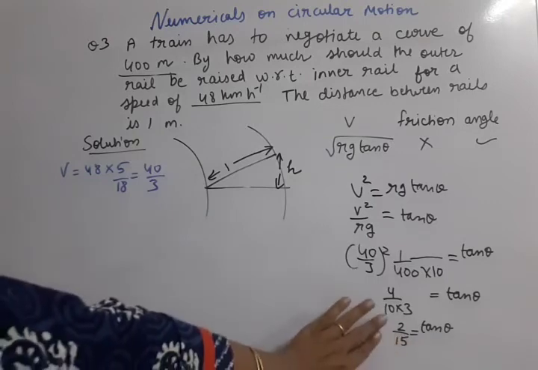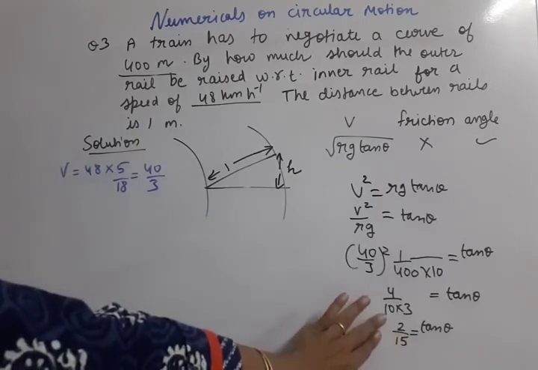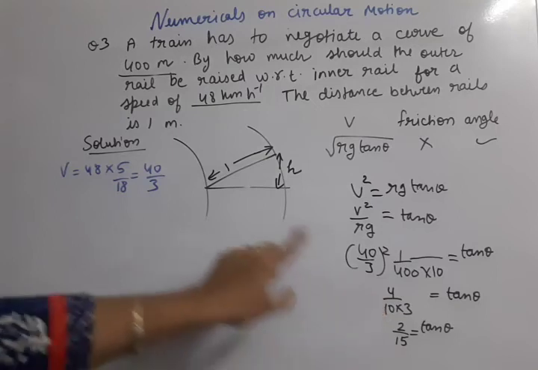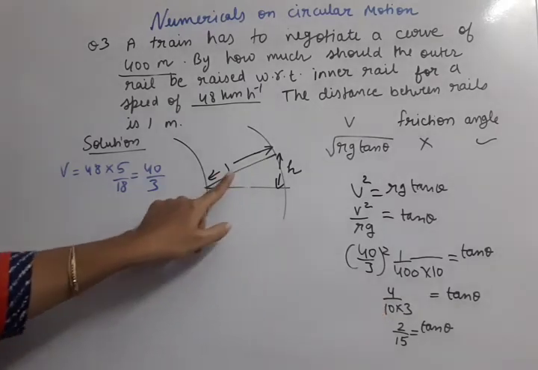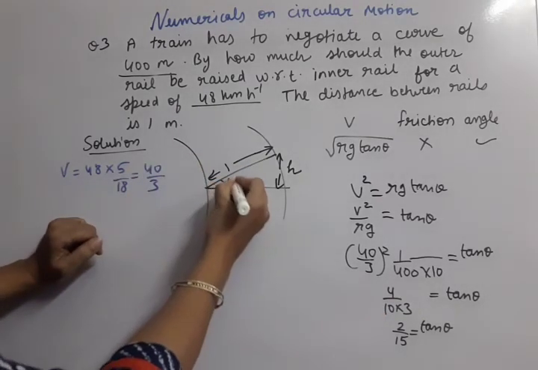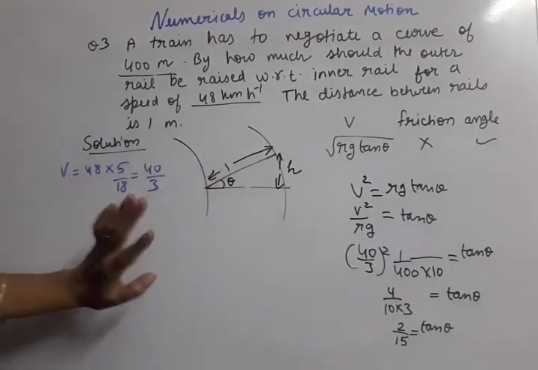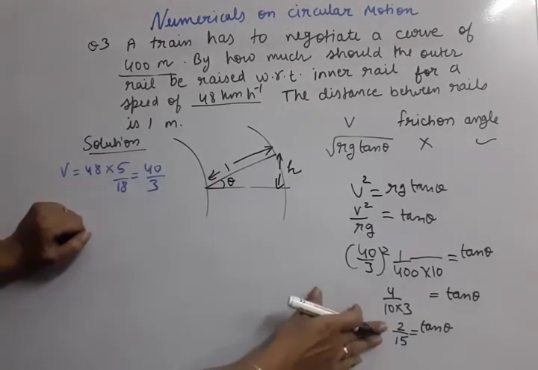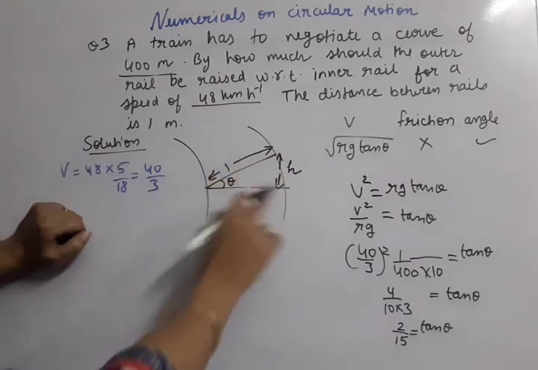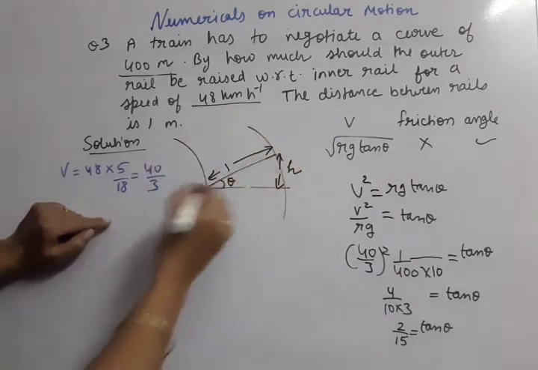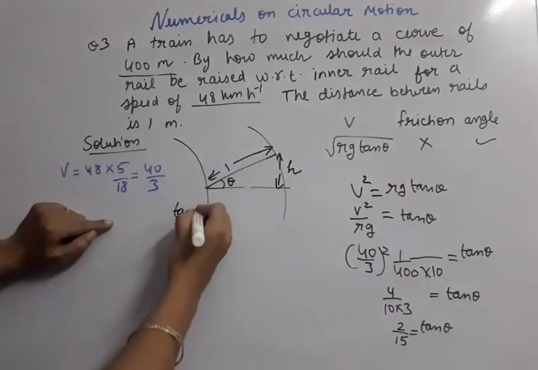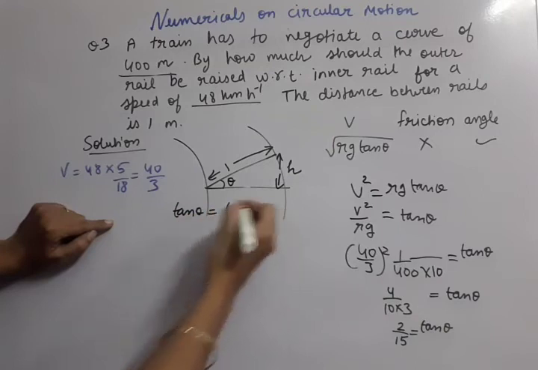Now once we have obtained the tan theta value 2 by 15, here suppose the angle is theta, this is the banking angle theta. We can also get tan theta from this diagram, so let us get tan theta in two manners.